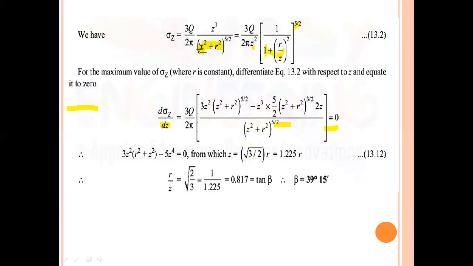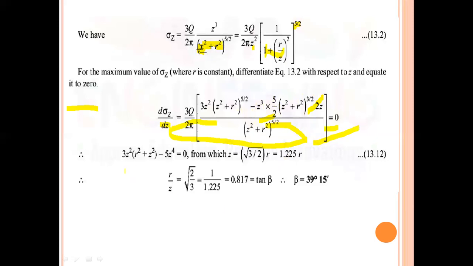Then finally, this value is equal to 0. Going to the right side, 3z square into (r square plus z square) minus these values. Here 2 cancels, 2 cancels, z cube into z into r square into 3 by 2.